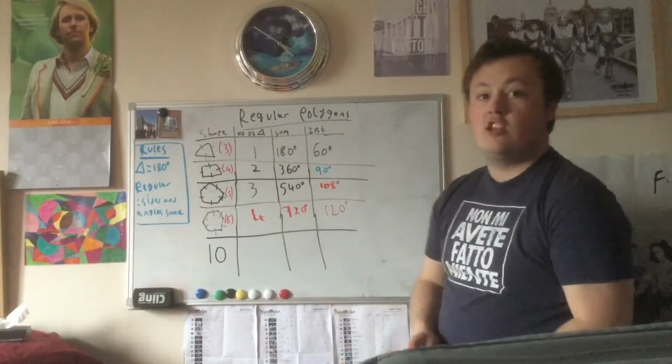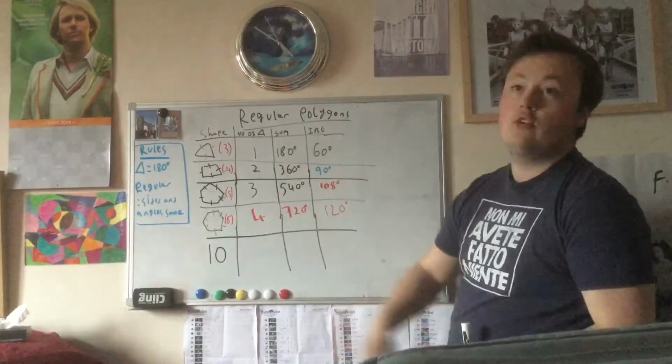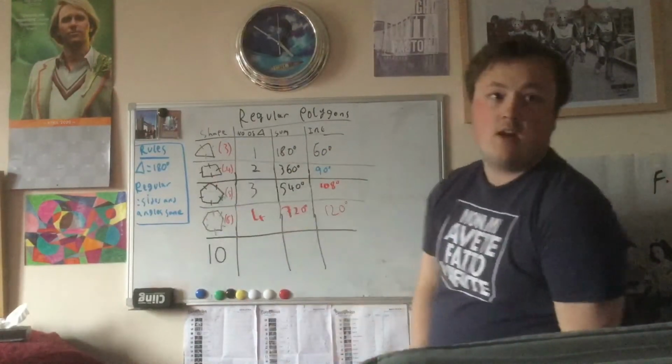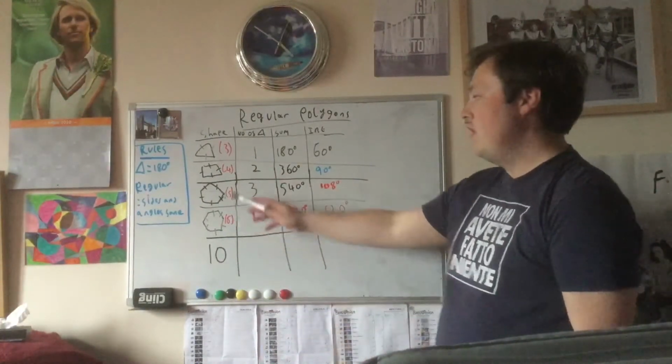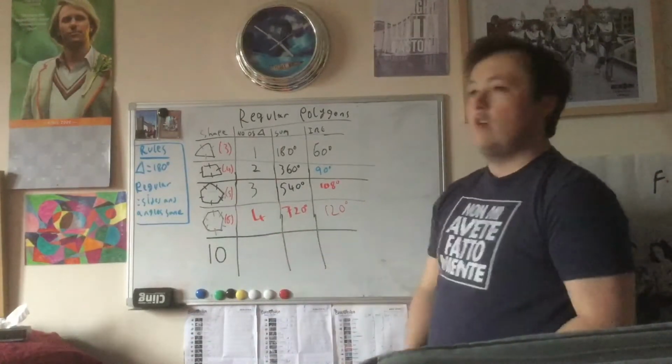So if we have a 10-sided shape, also known as a decagon, how do we find the number of triangles, which is important? Well, if you've noticed, for a 3-sided shape, there's 1 triangle. 4-sided shape, there's 2 triangles. A 5-sided shape, there's 3 triangles. A 6-sided shape, there's 4 triangles.